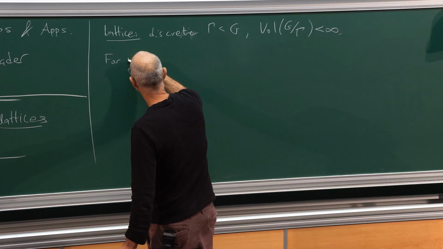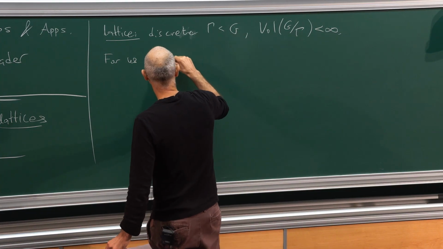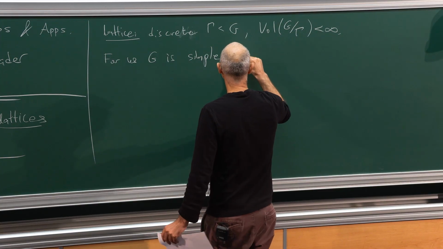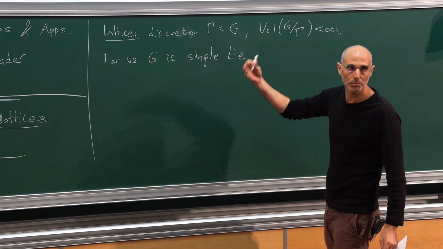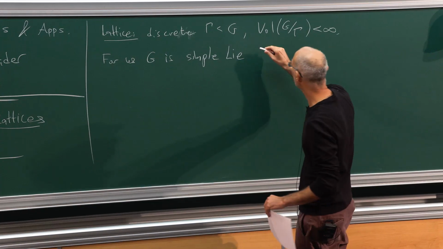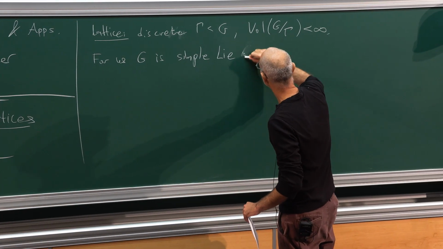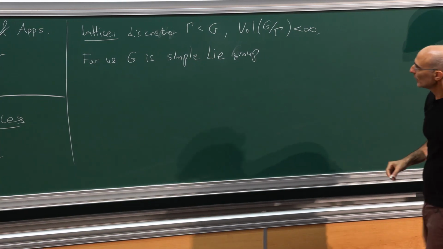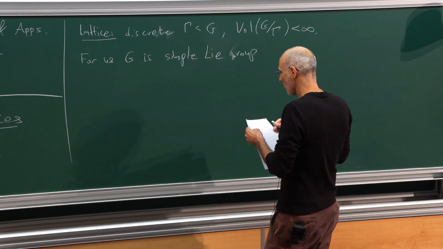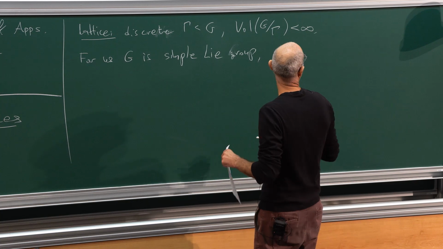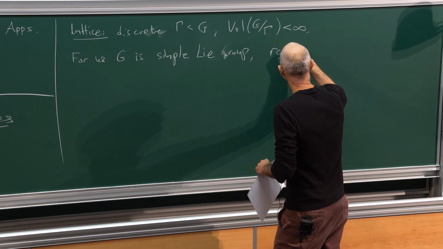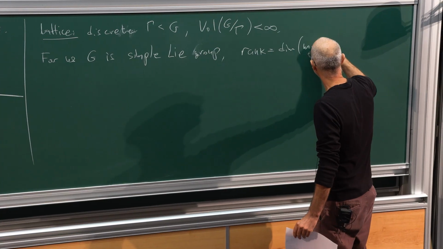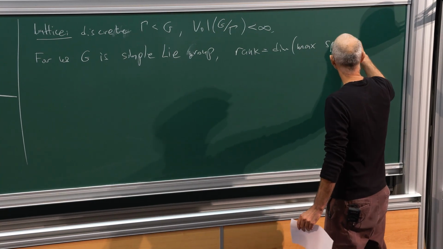So for us, G is most of the time a simple Lie group. So it's a topological group. Most of the time it will be a simple Lie group. Sometimes it will be a product of simple Lie groups. The rank is the dimension of the maximal split torus.